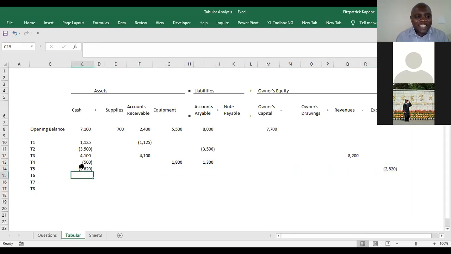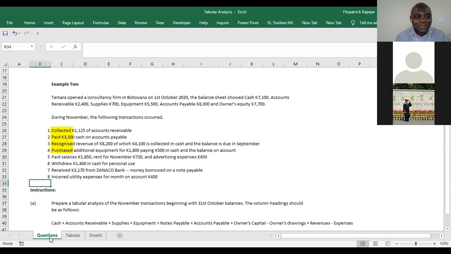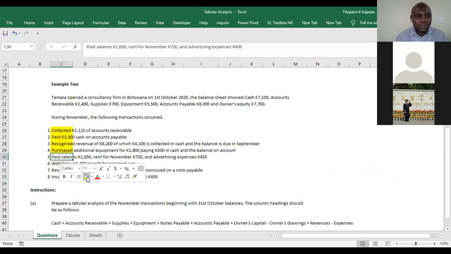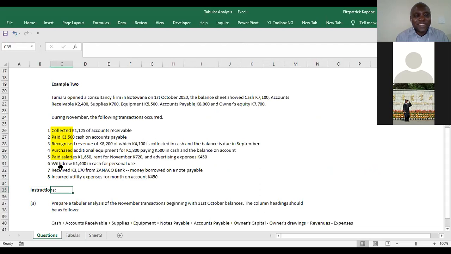So we're going to transaction number 6. We're almost there. Withdrew 1,400 in cash for personal use. How do we treat this? It's going to drawings. And where else?